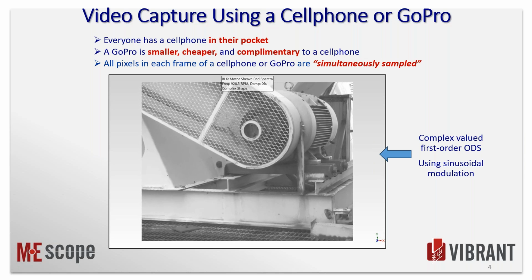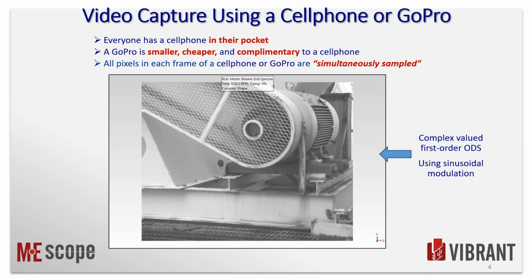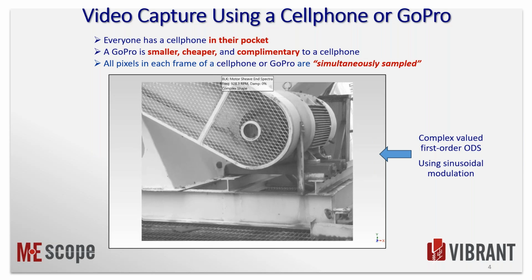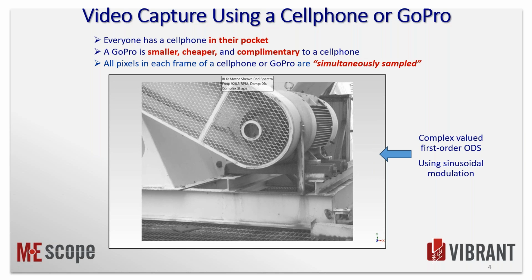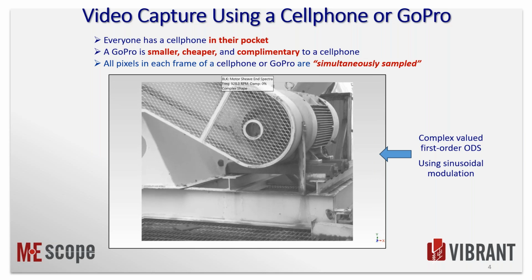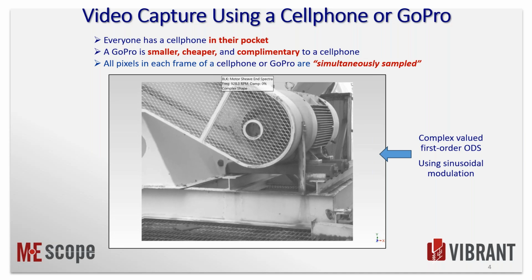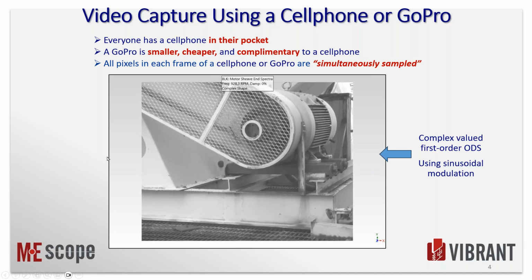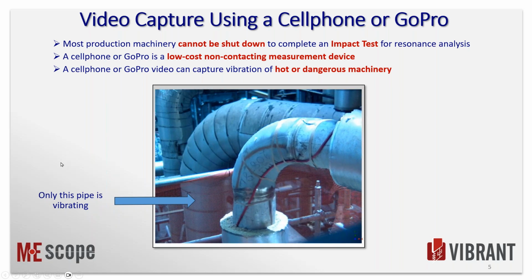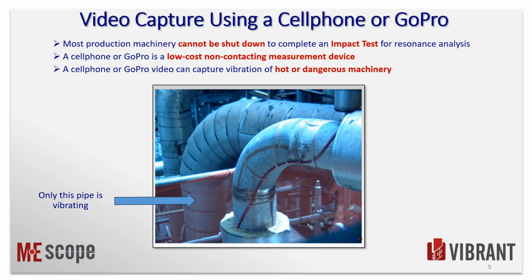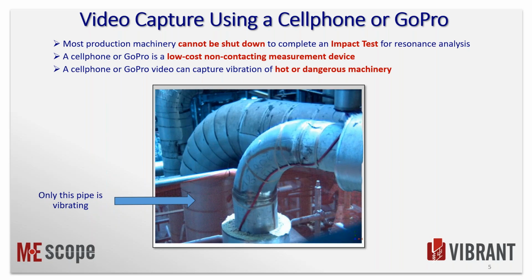So if you're concerned about that, you can spend $10,000 or $20,000 for a more expensive camera. Vibrant resells one that not only will sample at higher frequencies, but is completely simultaneous from top to bottom of each frame. The difficulty with that is when you're sampling at a higher frequency, you need to put more light. You need to use floodlights. So that's the trade-off. You don't need to use artificial lighting with a cell phone or a GoPro, and you can get very usable results.